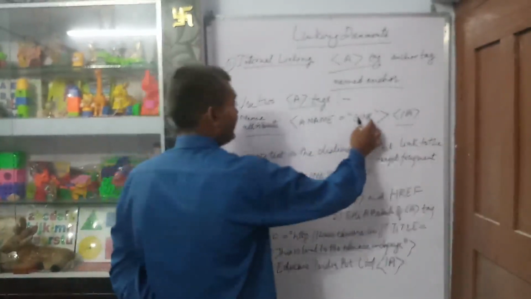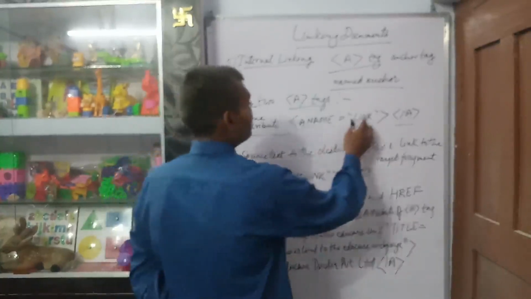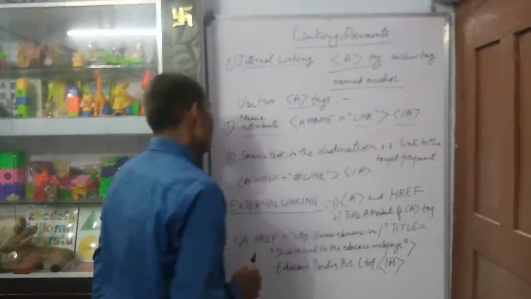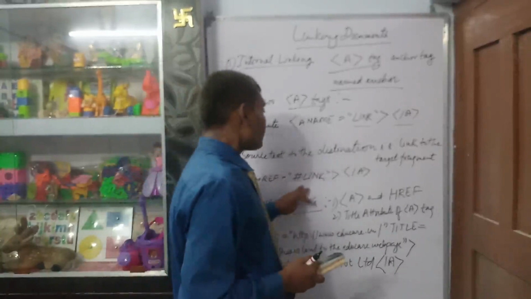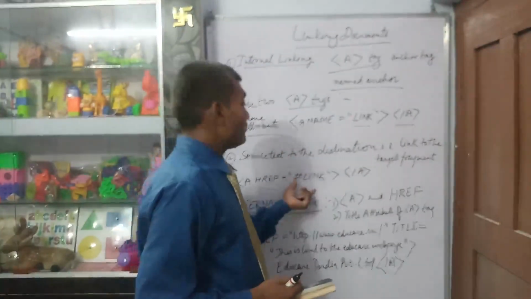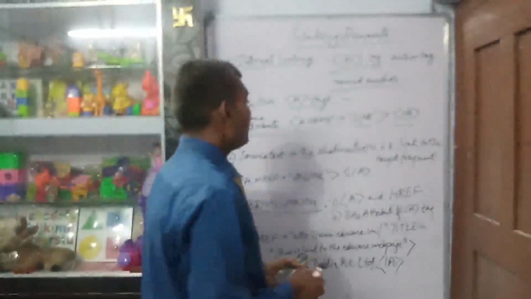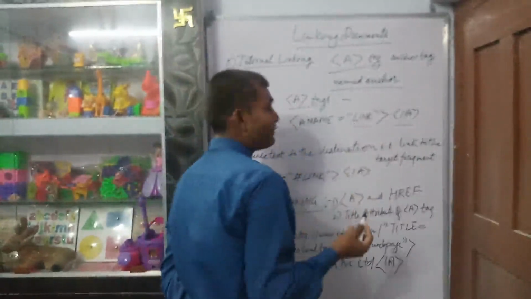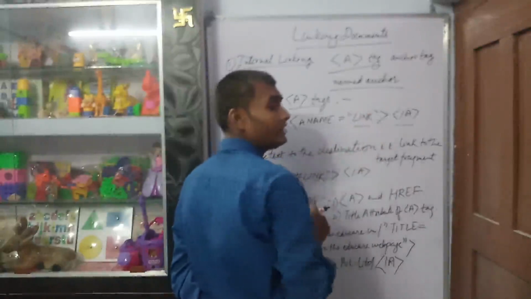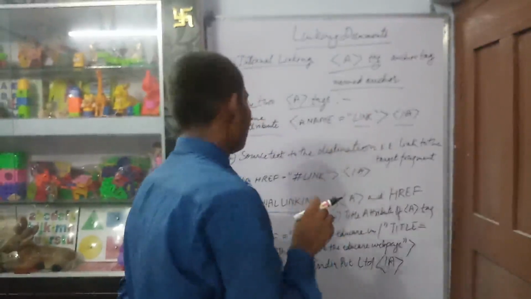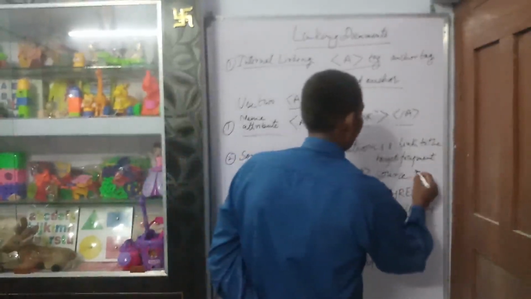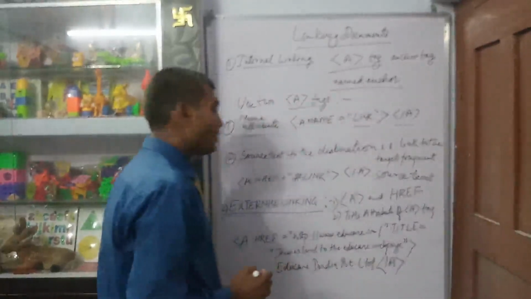There is a difference between this link and this hash link. The main difference is that the hash link is used when you give the text for the source to the target fragment. Here you give this link for the target fragment, means you specify the location of the description of the source text, and in this hash link you give the source text for linking the document.